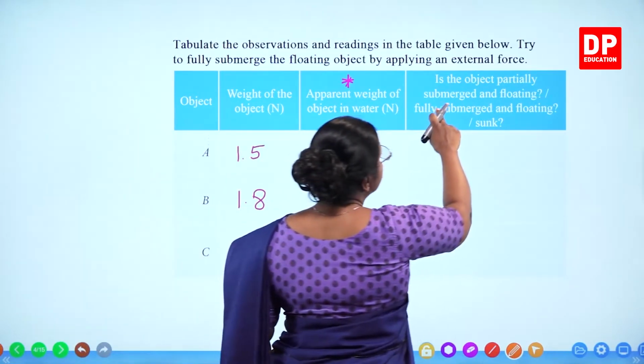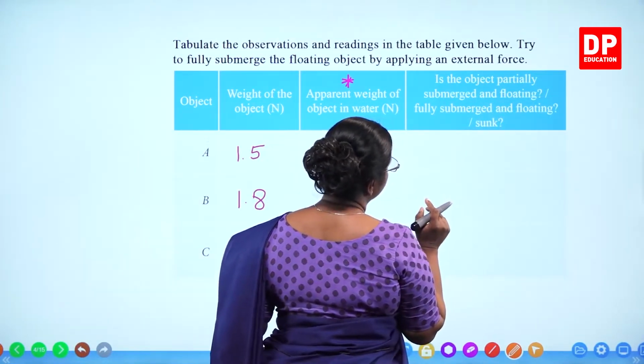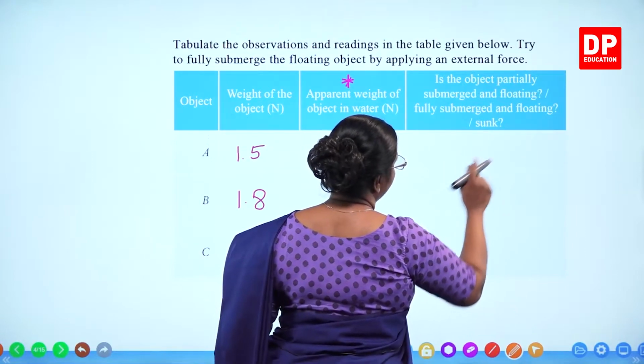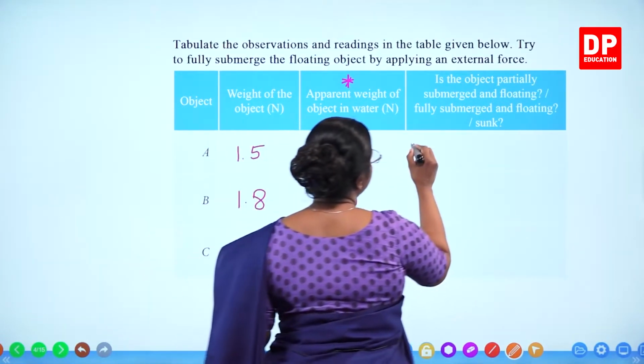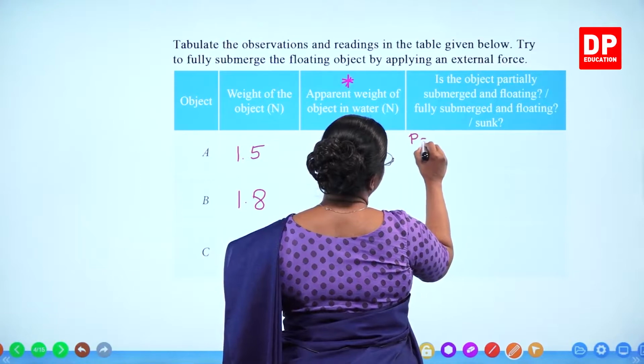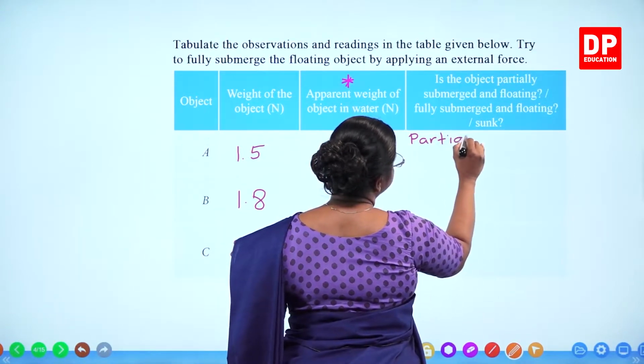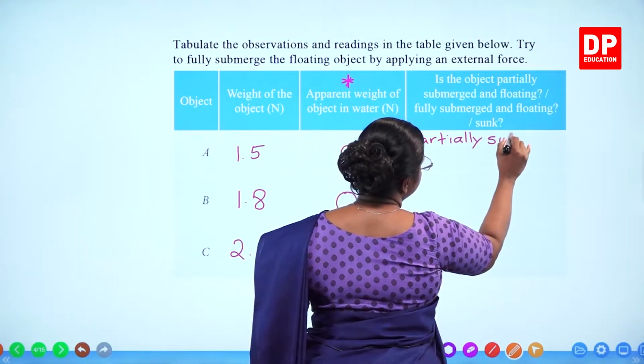Then, is the object partially submerged and floating, fully submerged and floating, or sunk? First one, partially submerged and floating.